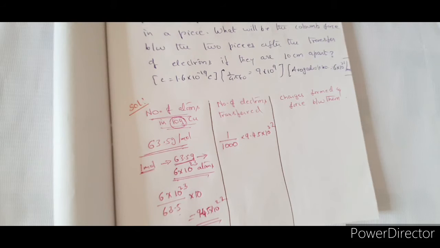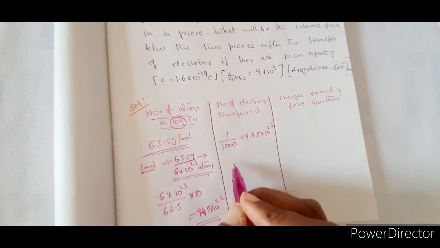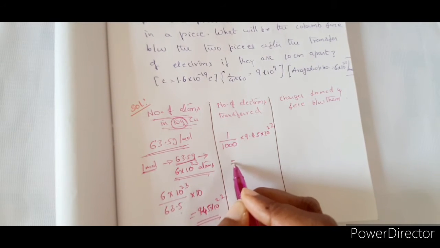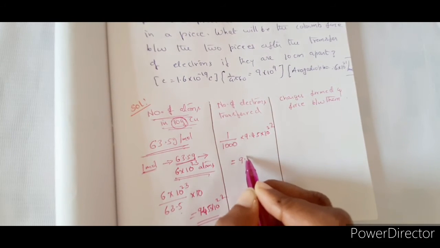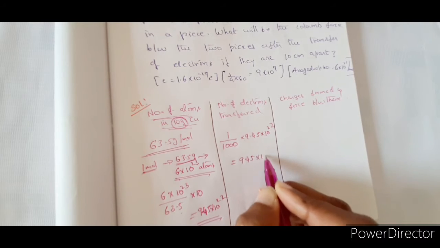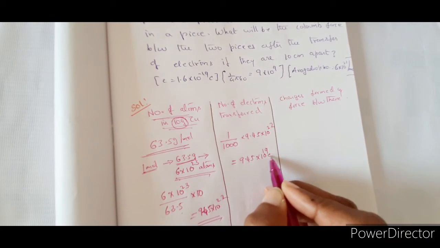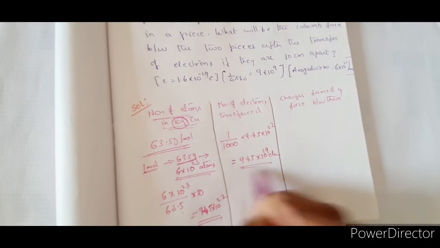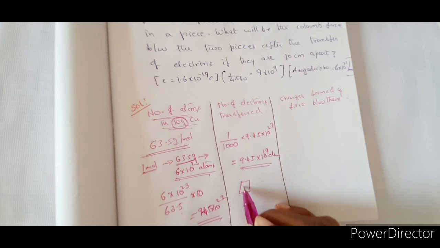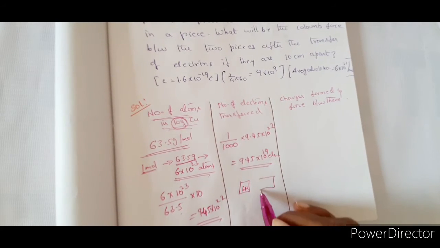Therefore, 9.45 into 10 to the power of 19 electrons are transferred from one copper piece to the other.